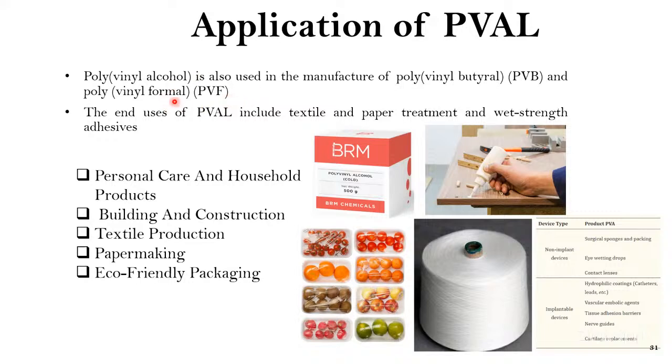Then the end uses of PVA include textile, paper treatment, and adhesives. These are the major applications of PVA. This is polyvinyl alcohol fiber, which is generally used in the textile industry.